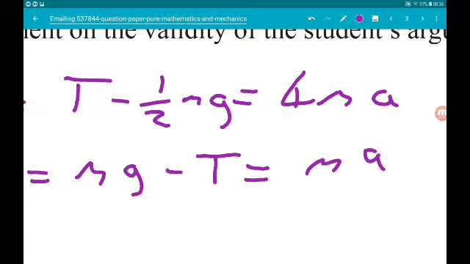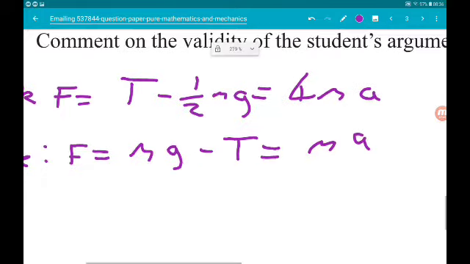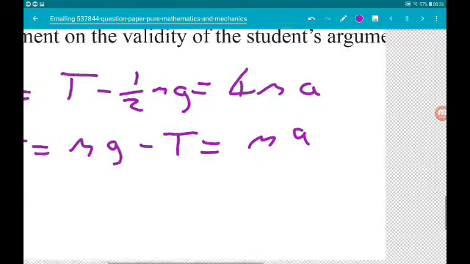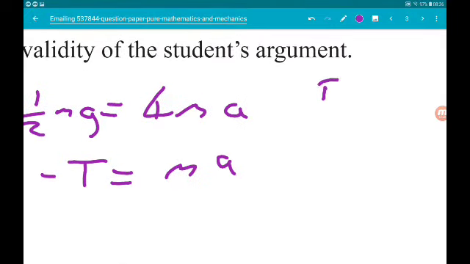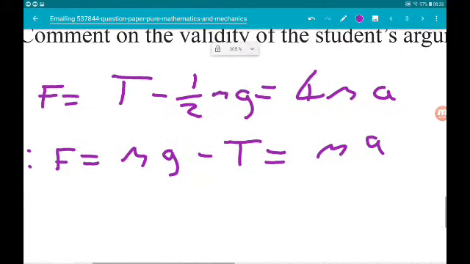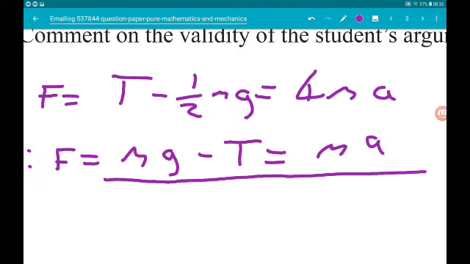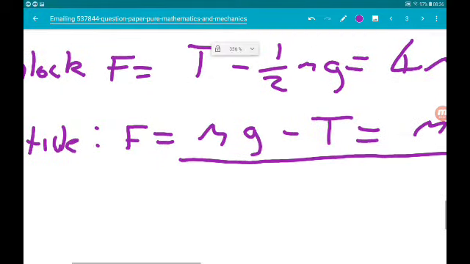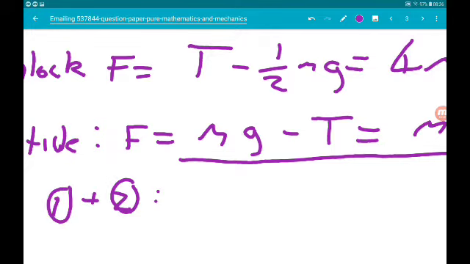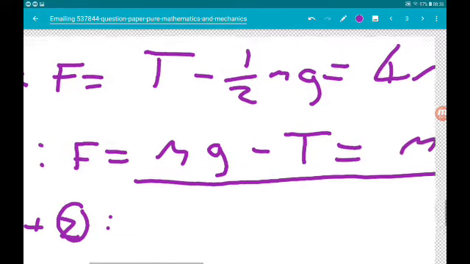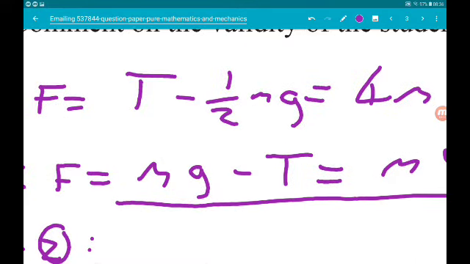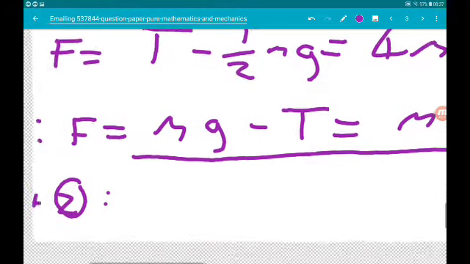Okay, so we want to get an equation, first of all, for the acceleration. If we label these equations 1 and 2, we're going to cancel out tension by adding them together. So 1 add 2. T add minus T cancels out. Minus 1/2 mg add mg is 1/2 mg.